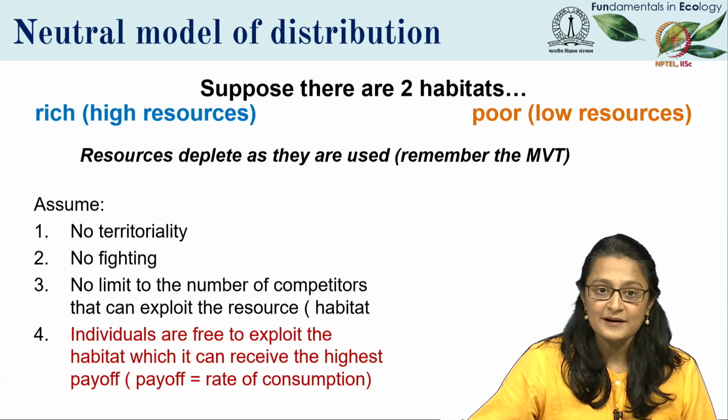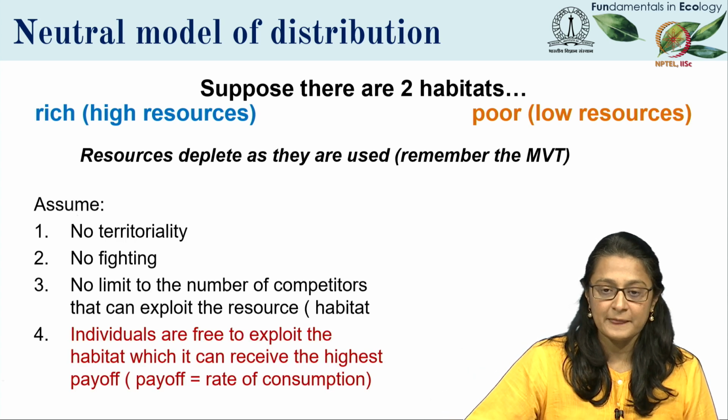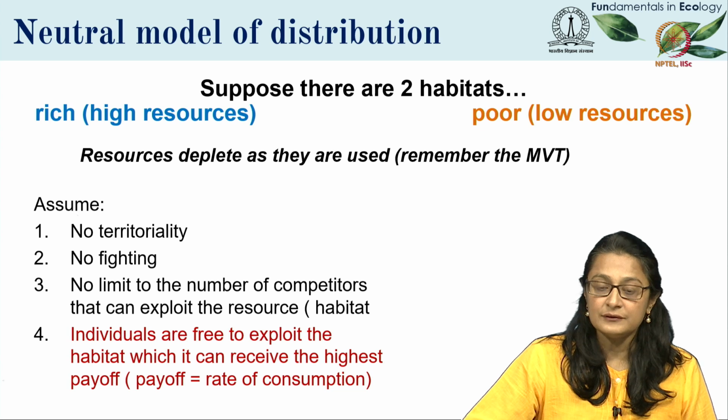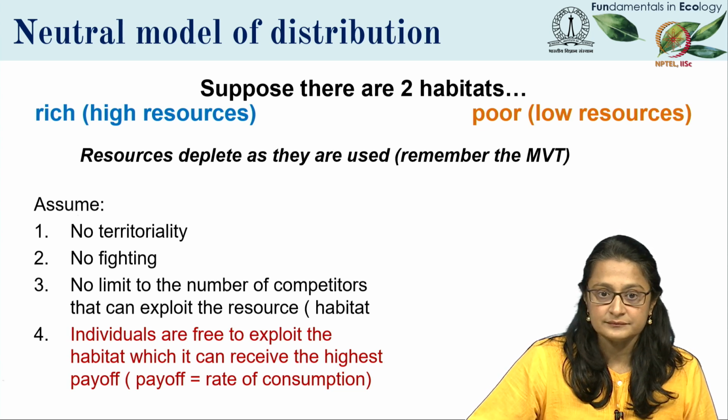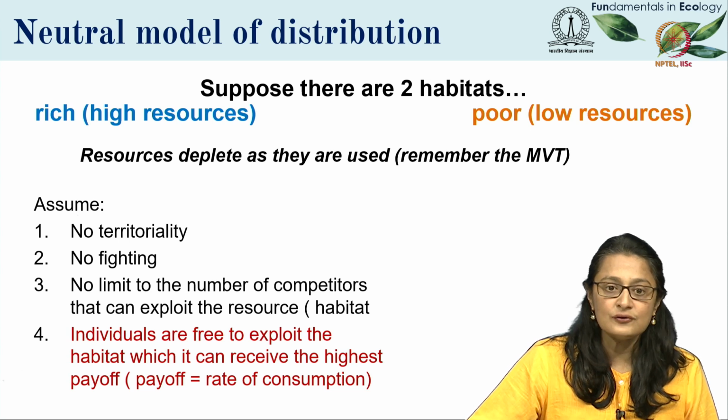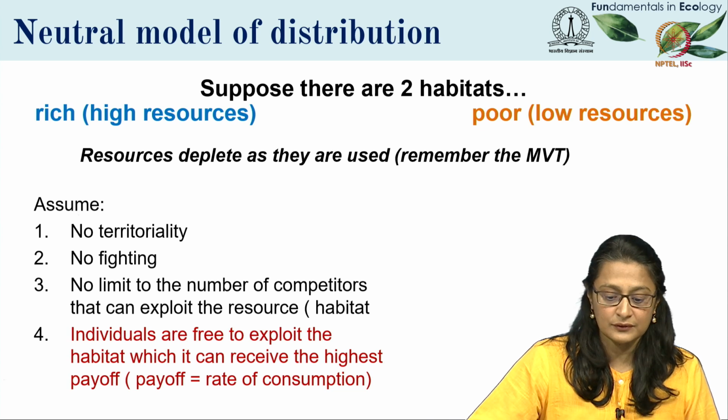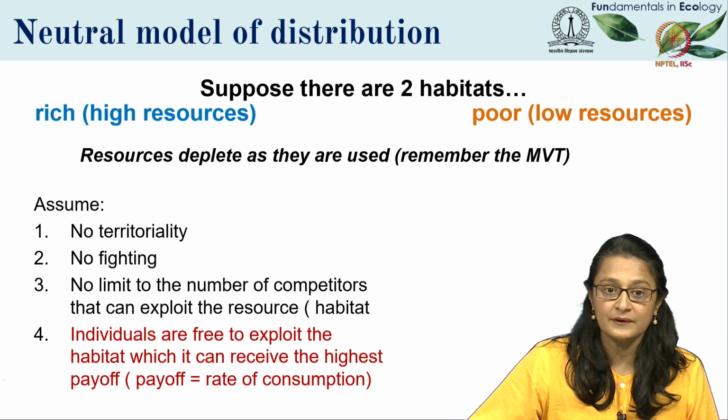Now let me start by giving you the assumptions right away. Let's assume that the forager in this environment has no territories. They don't fight directly, and there's no limit to the number of competitors that can exploit the resource or the habitat.